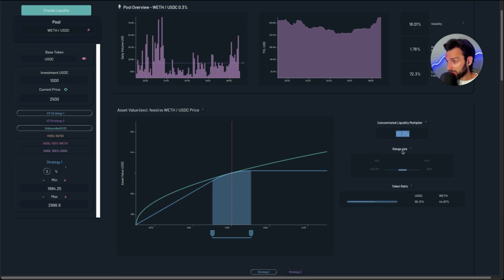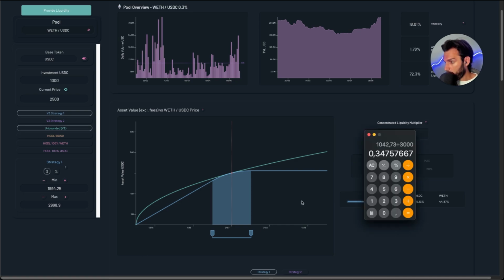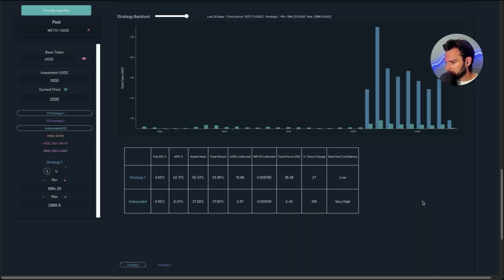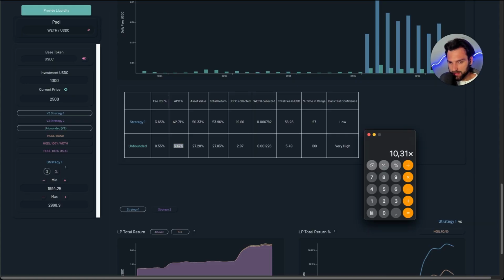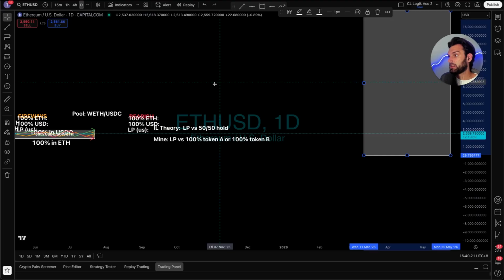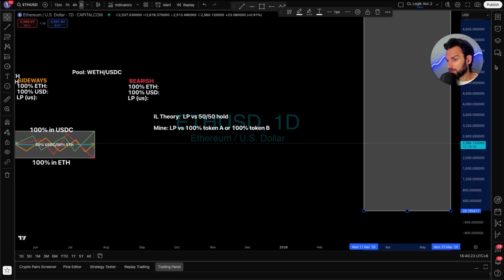So we need to take 10.31 and multiply it by 6.47%, because that is V2, and we're 10.31 times more efficient. So what is the APR that is expected in that range? It is 66.7%. That is nothing to scoff at, right? So that is quite some amount of fees.